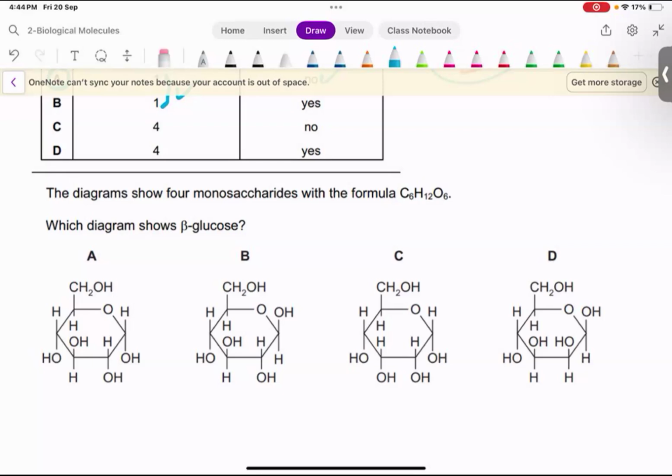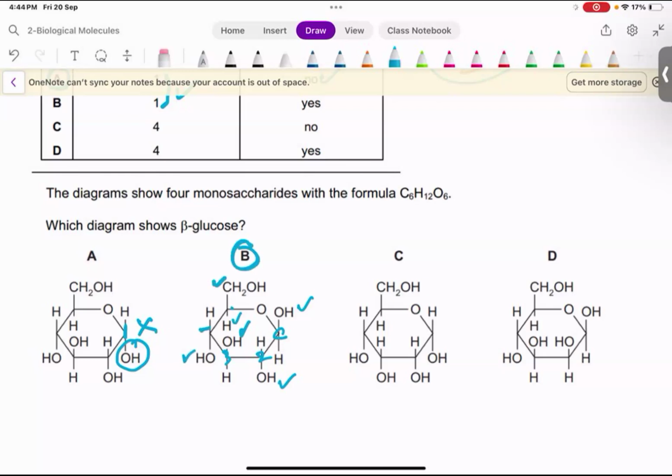Let's see one by one. So this carbon number 1 has an OH below. So this could be alpha glucose. So this is not possible. This has carbon number 1 OH above. 2 is okay. 3 is okay. 4 is okay. 5 has hydrogen. 6, yes, B is a correct choice.